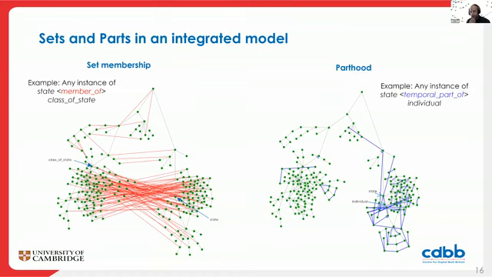And when you view the relationships in the model, you can then start to see the alignment between sets and parts, and set membership between states. Everything on the right here is effectively the types of spatiotemporal extent. And on the left-hand side of the node edge graph here, we have all of the sets.